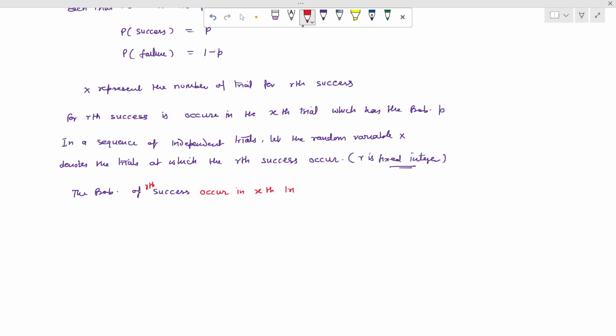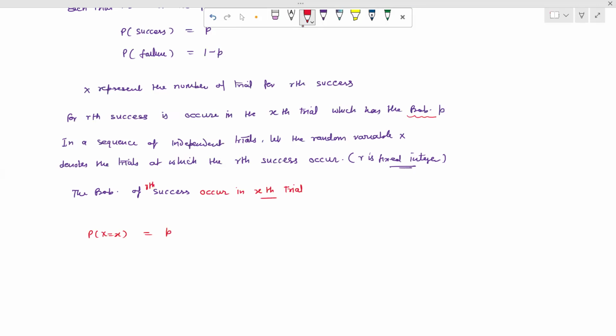It means that r minus 1 successes will occur in x minus 1 trials. So then we can write probability of X equal to x successes. So when the xth success, we consider the probability p.